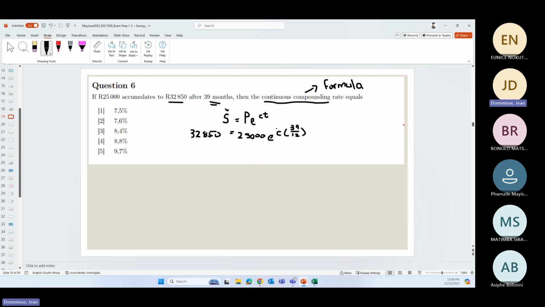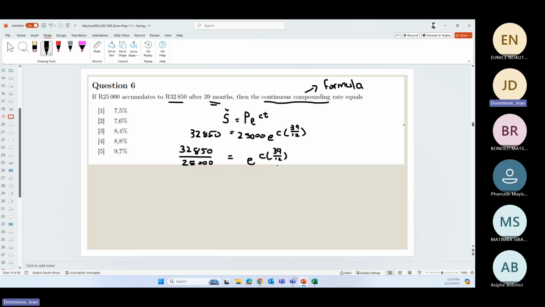Okay, so let's simplify a bit, and then again we will be left with this E that we will need to use some log functions for, but let's first simplify it slightly. So both sides get rid of the 25,000, and I'm going to keep that for now as 39 divided by 12.